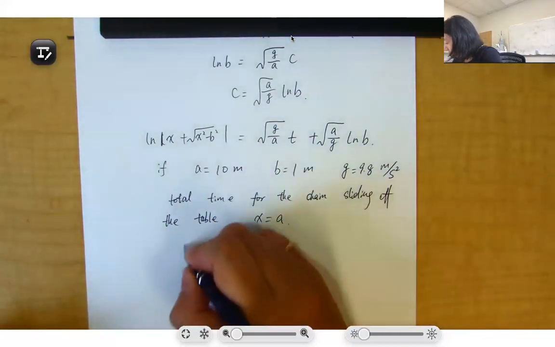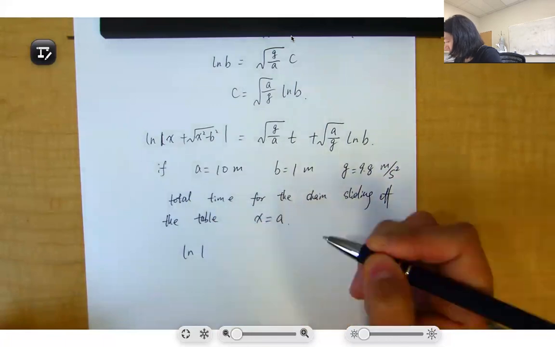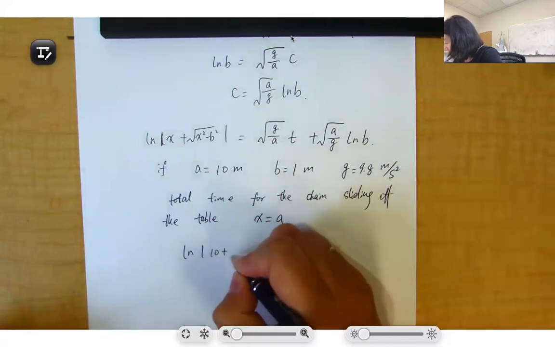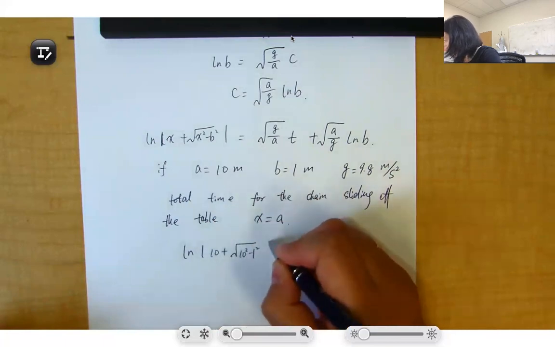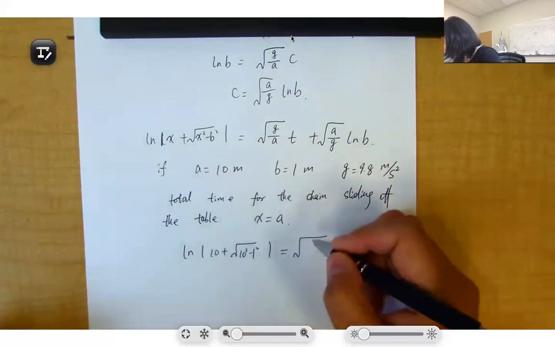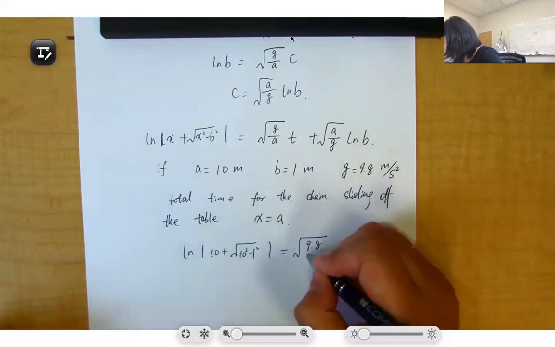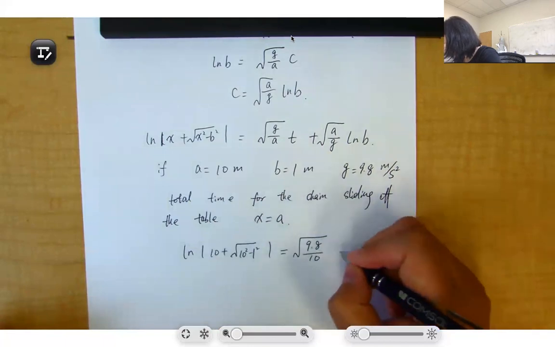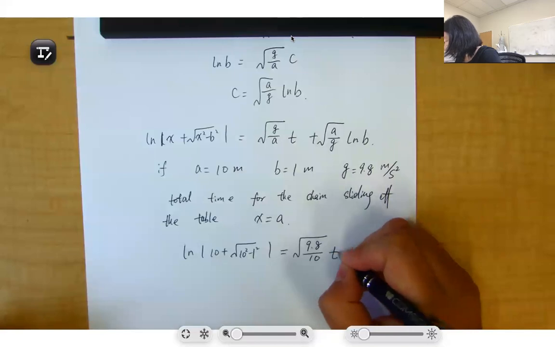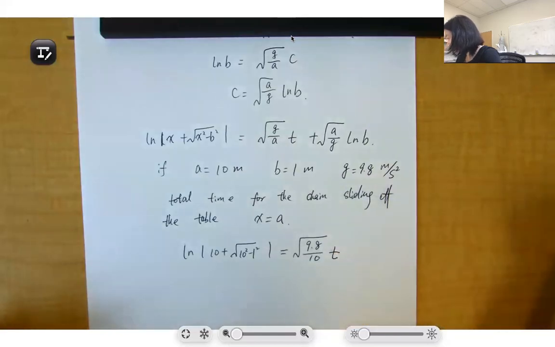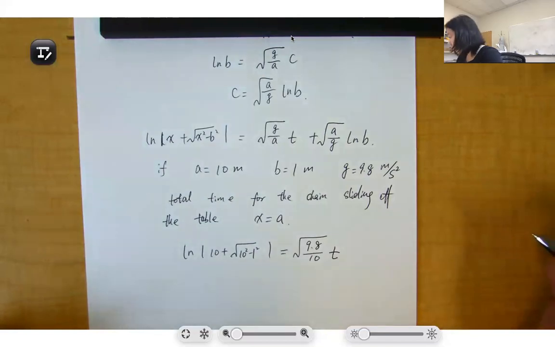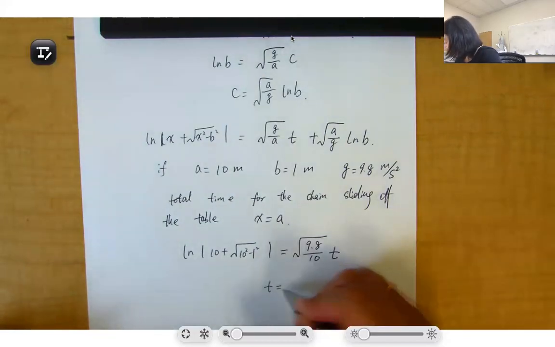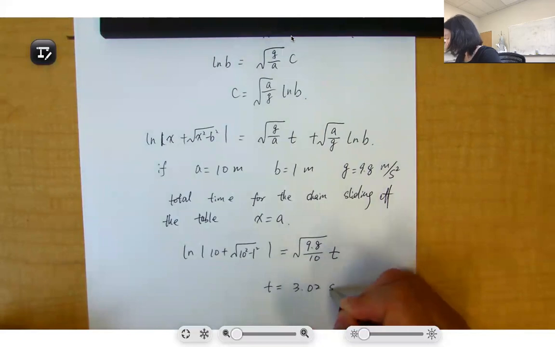So we get 10 plus the square root of 10 squared minus 1 squared equals the square root of 9.8 divided by 10 times t. Right? The ln b part, ln 1, equals 0. So we get t equals 3.02 seconds.